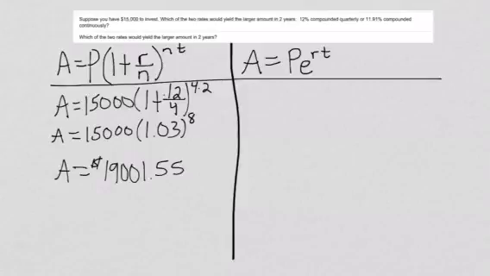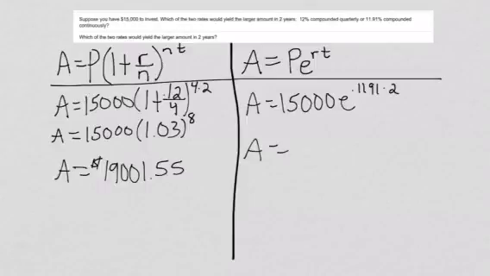All right, so now let's see the yield on compounded continuously. So A equals my original amount, which again is 15,000, times e to the r times t. Again, your r in this case is 0.1191, and then your t is still 2 years.